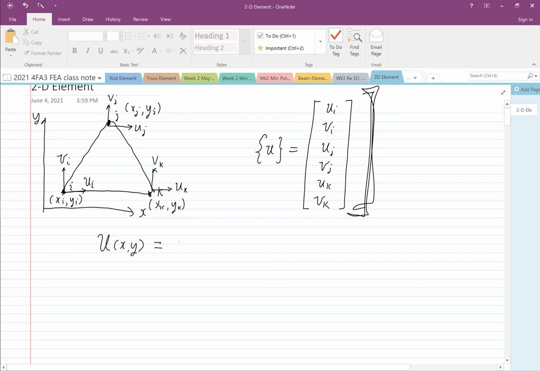I assume three constants. And then for any displacement in the y direction at any coordinate, I assume three other constants.